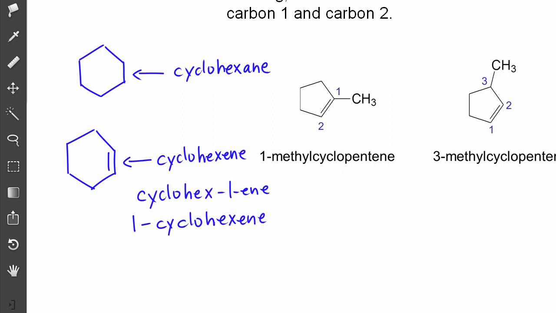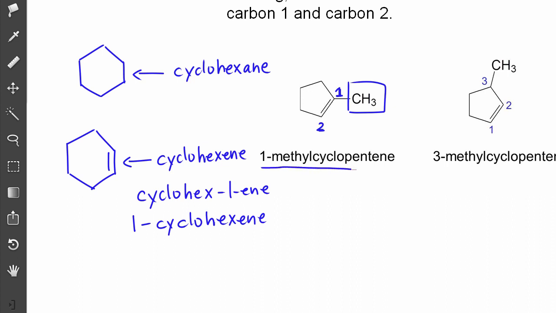So in this example, we have a methyl group attached to a 5-member ring with a double bond. So to go in the correct numbering order, this gives us the lowest number on our double bond, and it has the methyl group on number 1.